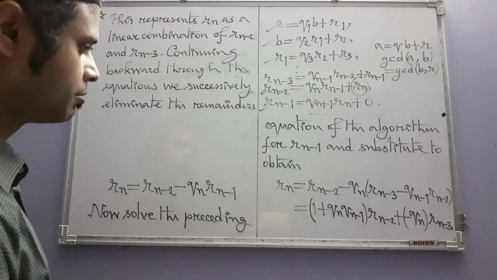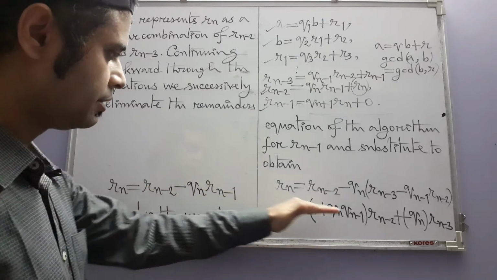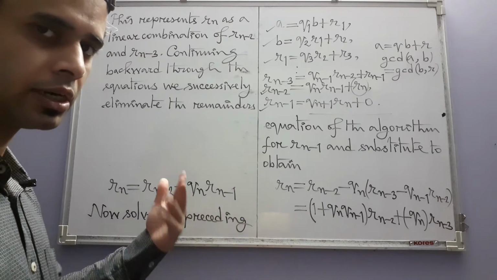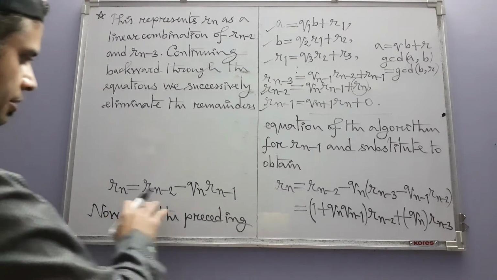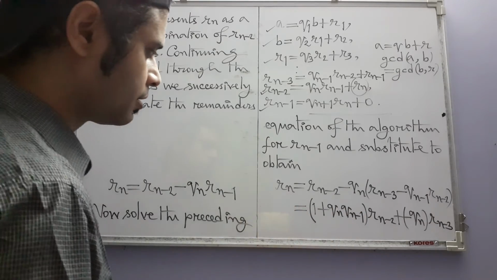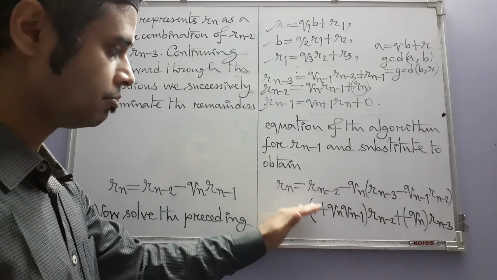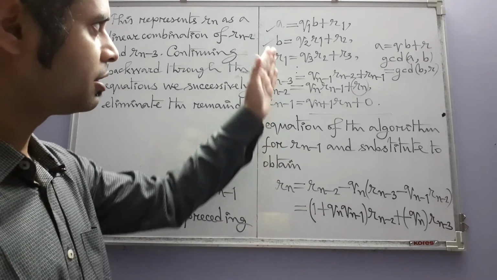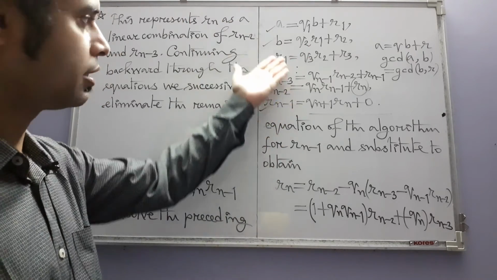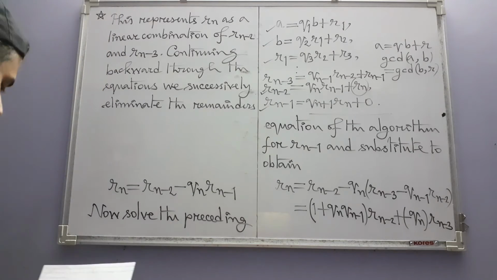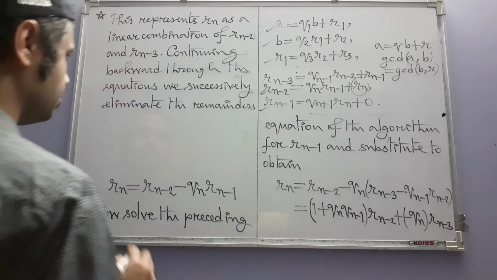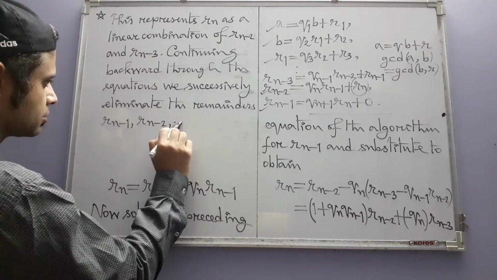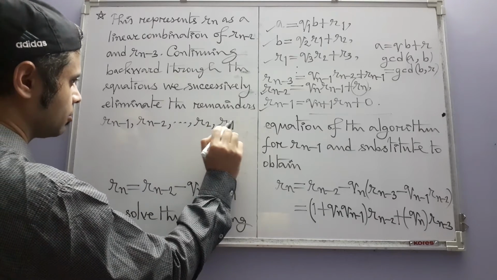It's about eliminating remainders. After this step, in this step itself, we have gotten rid of Rn minus 1. So one by one, the remainders are going. But in each stage, we are maintaining that fact that Rn is a linear combination of some things, and those things ultimately will lead to, in the final stage, a linear combination of A and B, of the remainders Rn minus 1, Rn minus 2, etc., R2, R1, all these remainders.